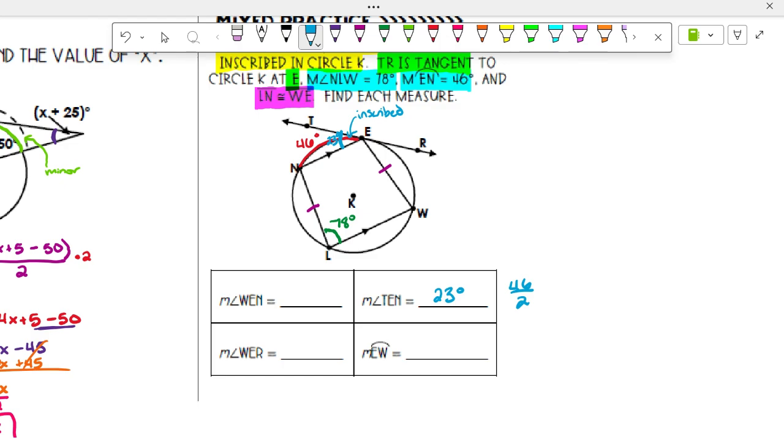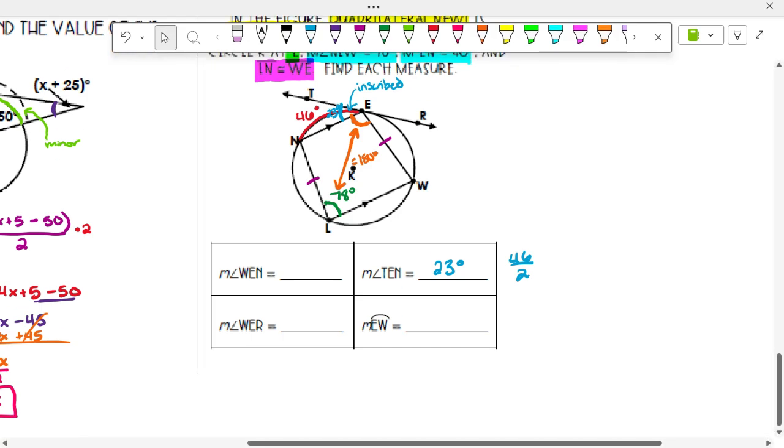Now let's find WEN. So this angle right here. How we're going to find it is going to come from the previous foldable. So think about it. What on this picture can help me find that orange angle? Right. These two angles are opposite each other, and they're inscribed in the circle, meaning that they're supplementary, so they'll equal 180.